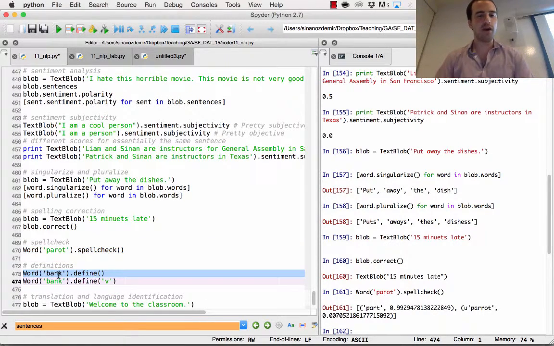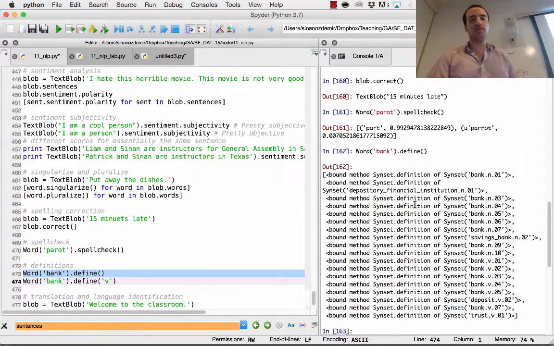It can define words. Bank.define will show you, a depository financial institution. Right? Also, if you scroll down, you'll see trust. Why does trust appear? How can you use bank as a trust word? You bank on something, right? If you bank on something, you're trusting it. So trust is actually a synonym of bank, depending on how you use it.